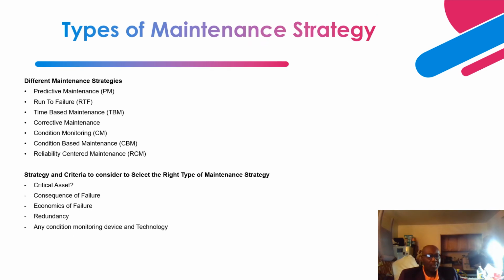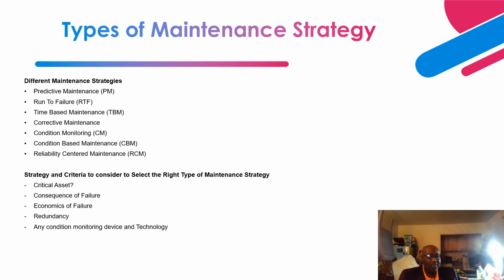manner. Next, let's talk about the types of maintenance strategies that we have. We have a myriad of maintenance strategies, but let's talk about the ones that are applicable to most generation plants and industrial facilities. The first one is predictive maintenance. What is predictive maintenance?